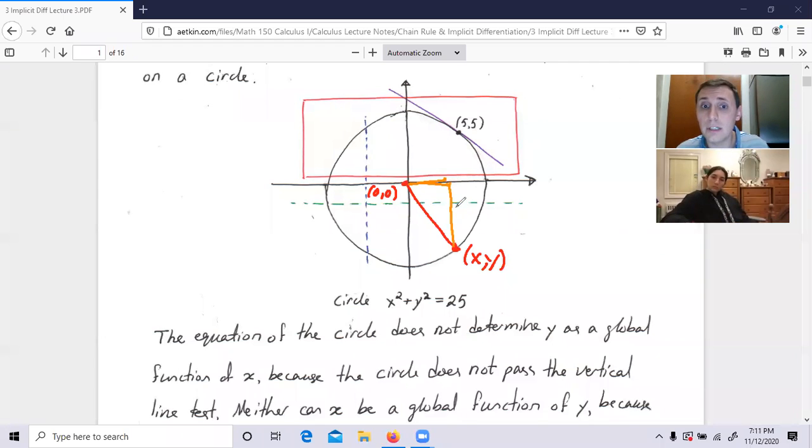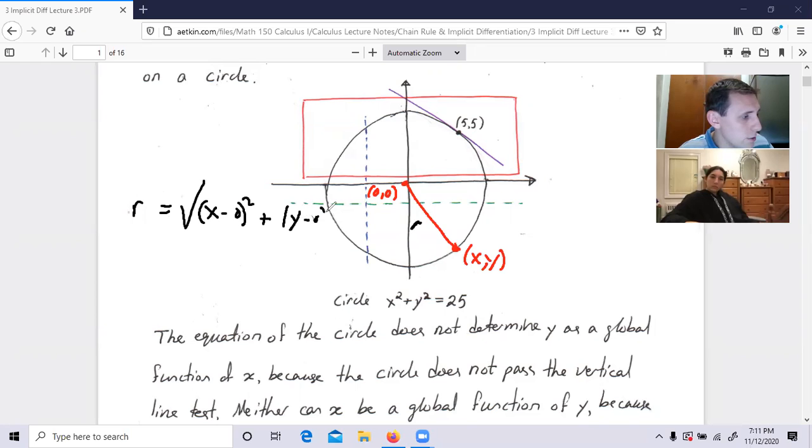By the Pythagorean theorem, we know that this distance, let's call it r, equals the square root of x minus 0 squared plus y minus 0 squared.